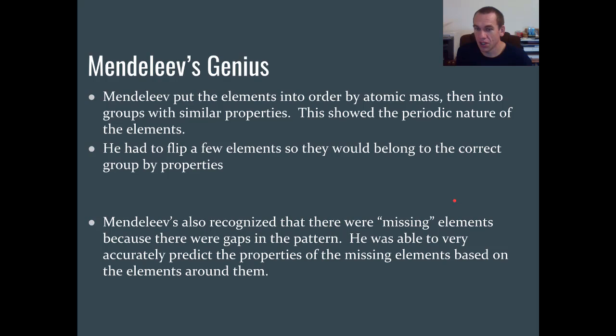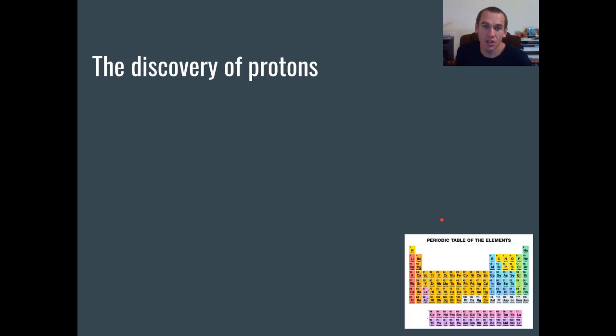We will find an element that goes in this position on the periodic table, and these are the properties it will have. And actually it took a couple years, but several of the elements that he left blank spots for were actually found. And because they were found and had properties that Mendeleev predicted, his table is still in use today.